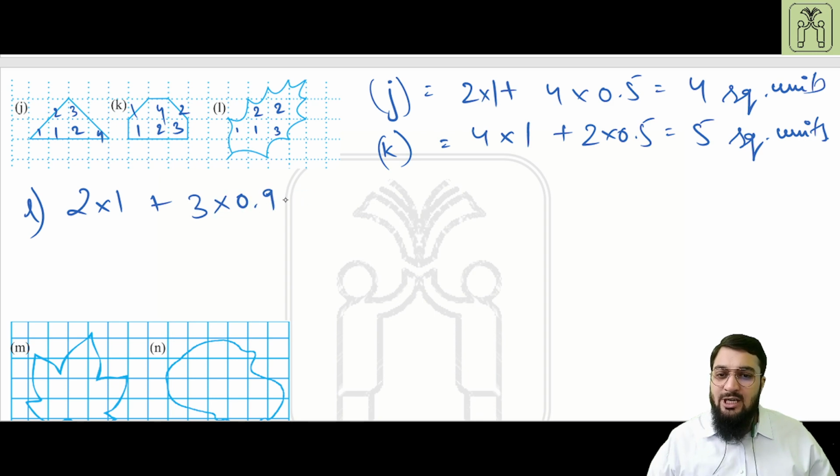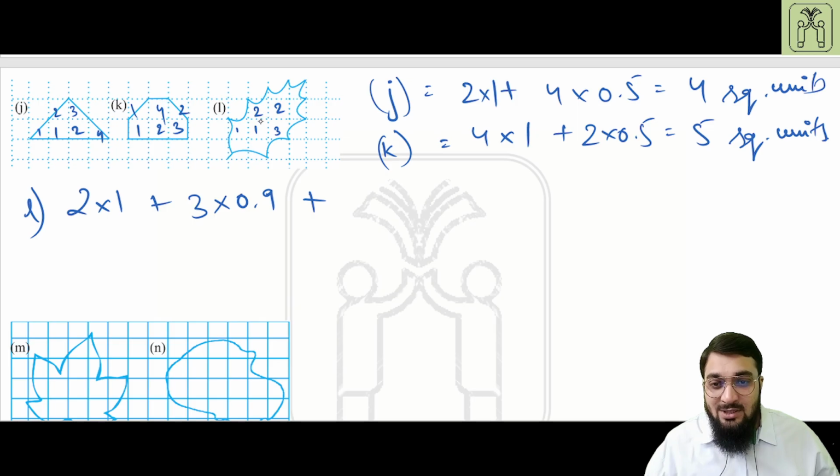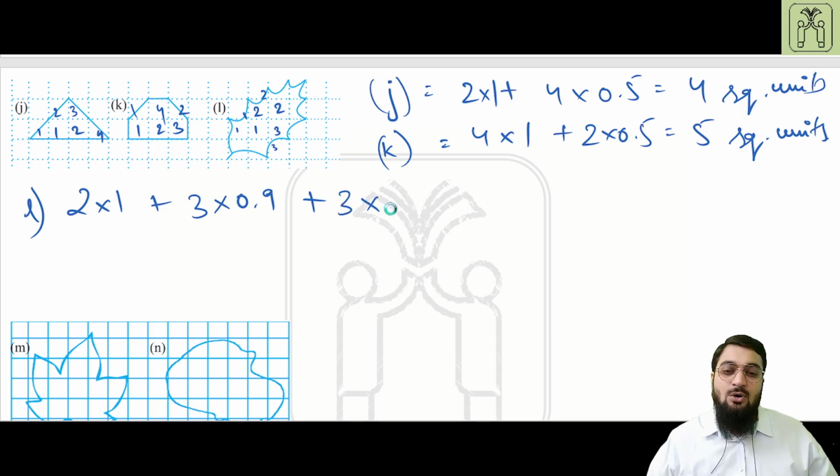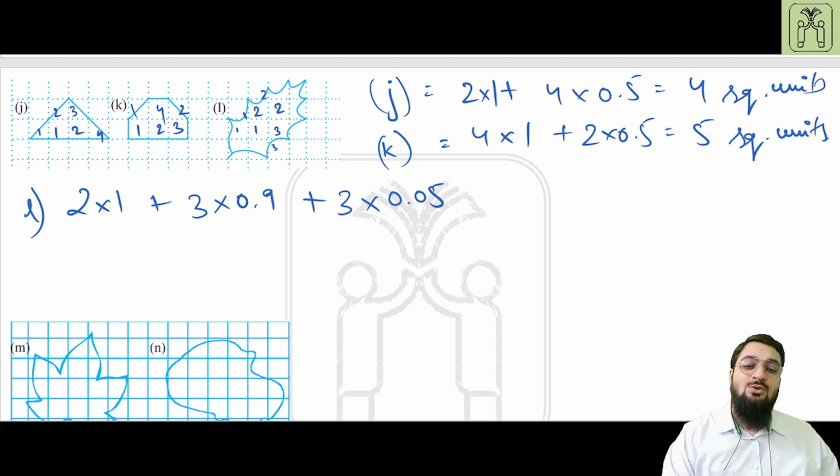Almost 90% are covered, so we will say 0.9. After that, we will see other squares which are negligibly covered: 1, 2, and over here 3. So 3 are almost negligibly covered, so we'll multiply by 0.05.